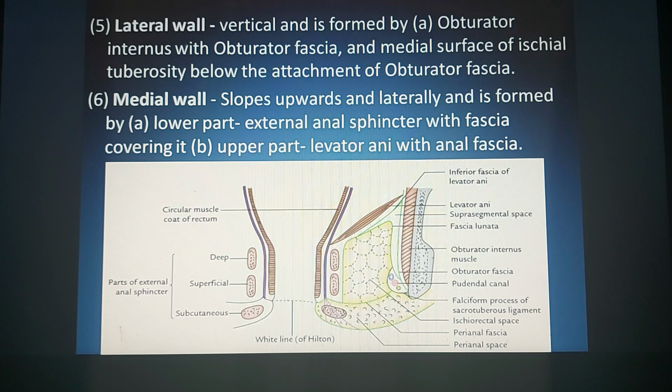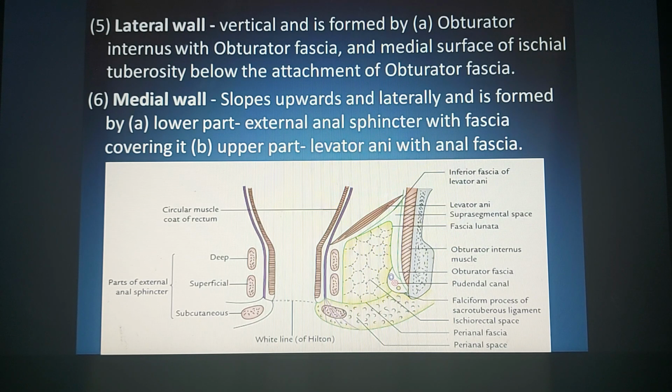Coming to the lateral wall, which is vertical and is formed by the obturator internus and its obturator fascia and also the medial surface of the ischial tuberosity. So that is about the lateral wall.